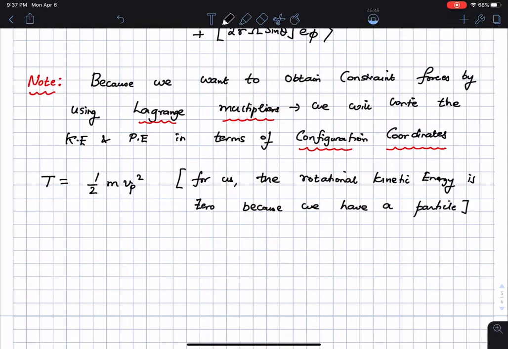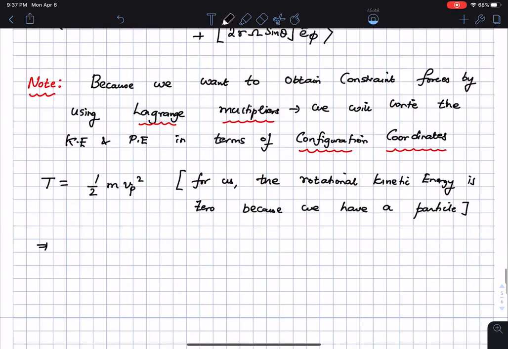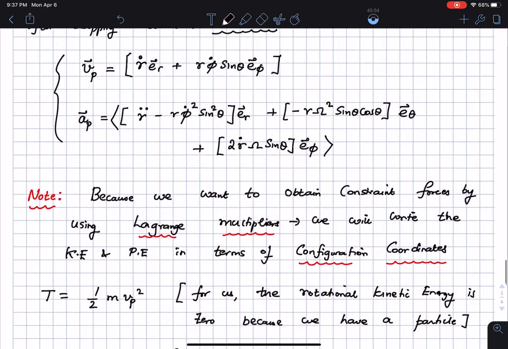Okay, so that's something to keep in mind, which means that T is going to be half times m times vp square. Look, vp has two components, so r dot in the er and then something in the e phi. You got to make sure that the velocities are in the same coordinate frame. I cannot have a velocity term in ez and then another velocity component in the e phi direction. I have to do a coordinate transformation.